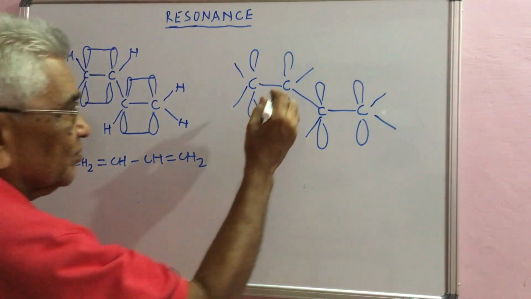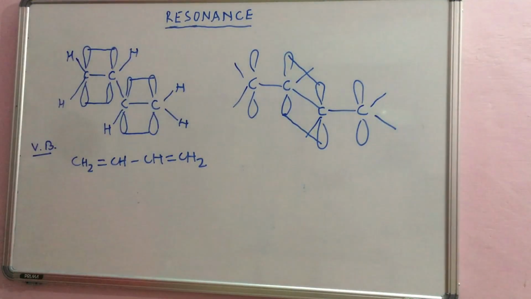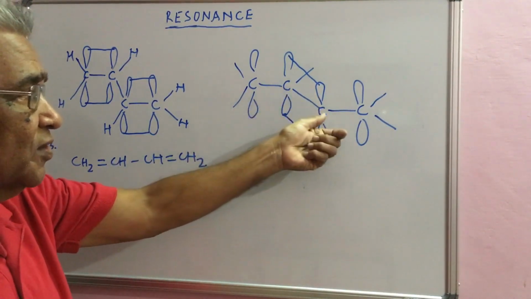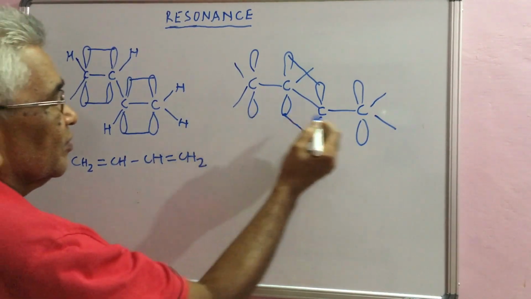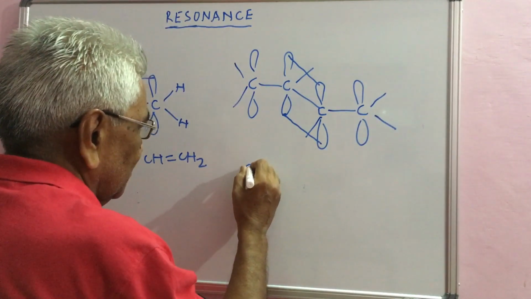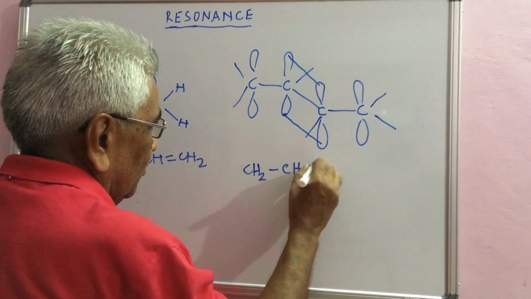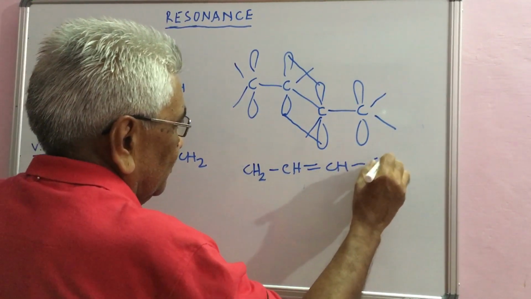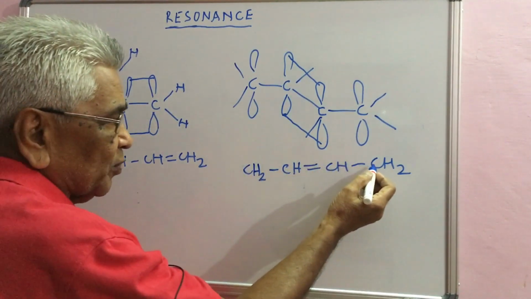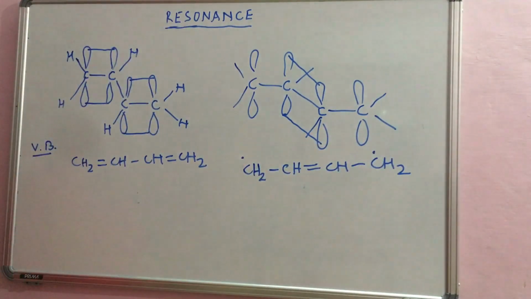Another possibility is that this can overlap with this, forming a double bond between C2 and C3, these p orbitals remaining unused. We can write this structure as this: a p orbital standing here, one p orbital standing here, there is one electron here, one electron here.